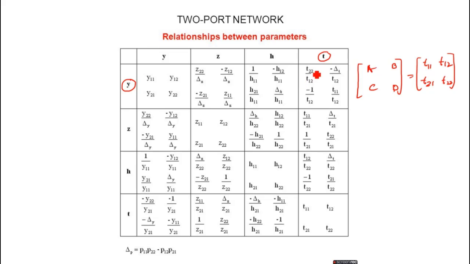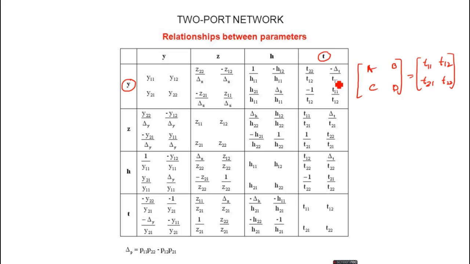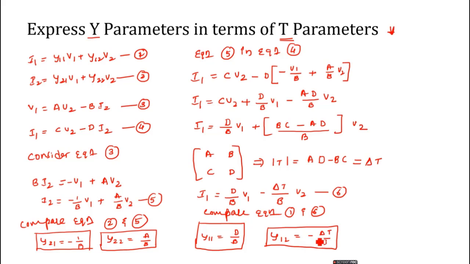So what is Y11? Y11 is D by B. Is that correct? Y11 equals D by B. What is y12? Minus delta of t divided by t12. T12 is what? Again b. Means minus delta t divided by b.